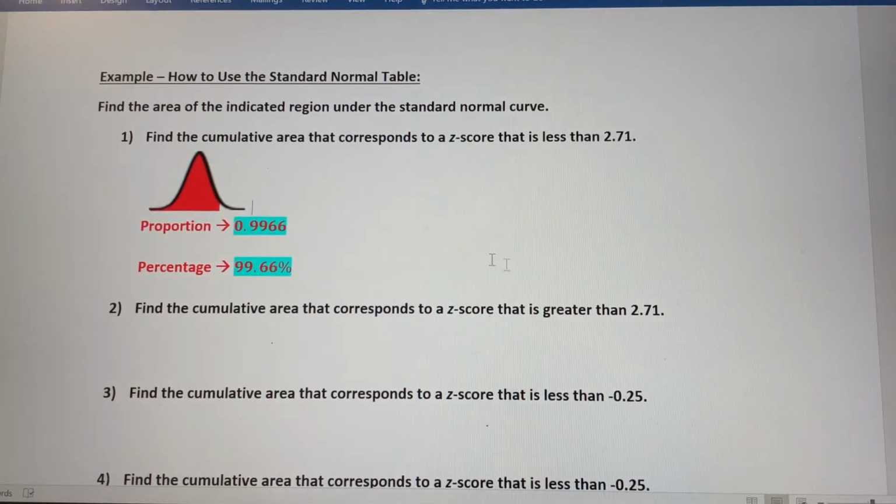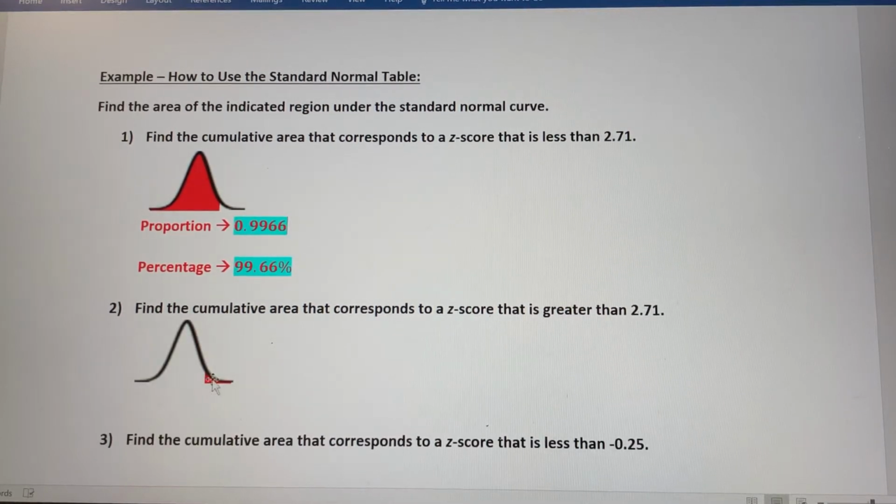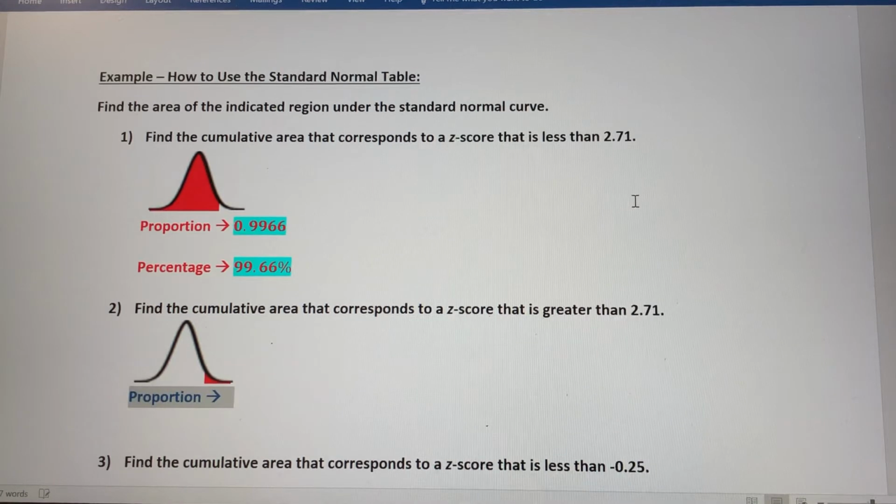All right, now then, what about the cumulative area that corresponds to a z-score greater than 2.71? It would be the complement of this graph. We're talking about this very small percentage right here in red, from the z-score of 2.71 to the right. We're still using this proportion. Remember, the entire proportion underneath the density curve, the standard normal curve, is 1, so we're just going to subtract the value we found earlier from 1.